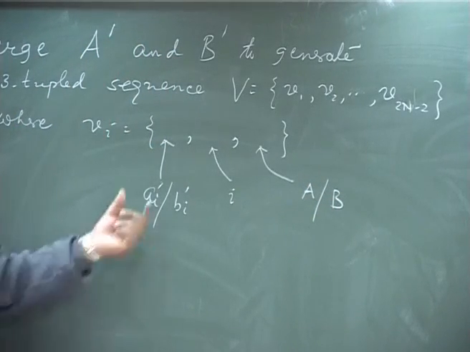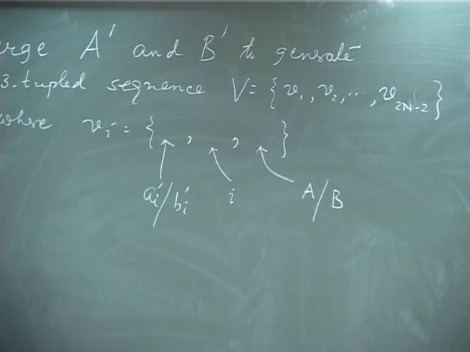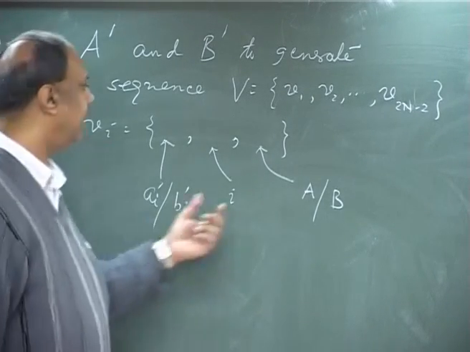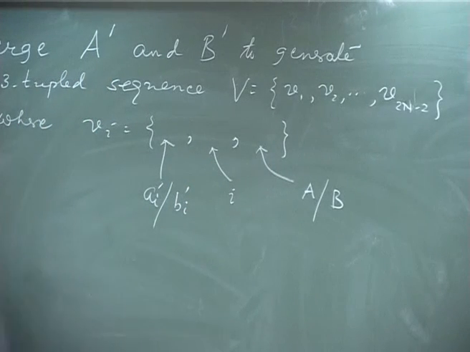Is it okay? The first one is the value of the element, the second is the index of the element in A dash or B dash, right? And the third one tells whether it is a member of A or a member of B. This is clear?